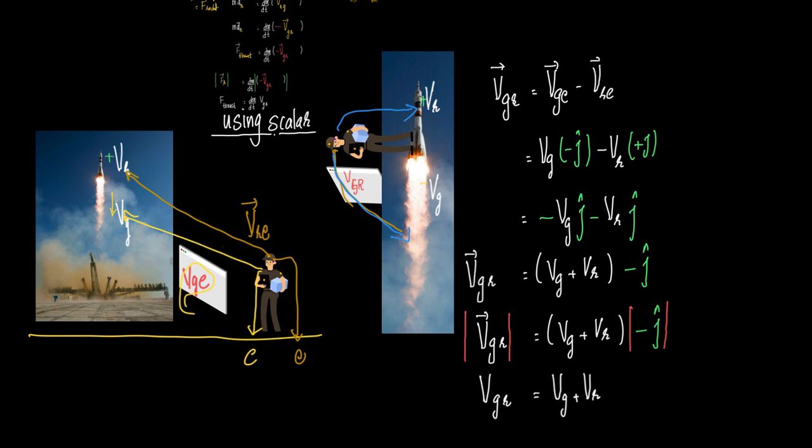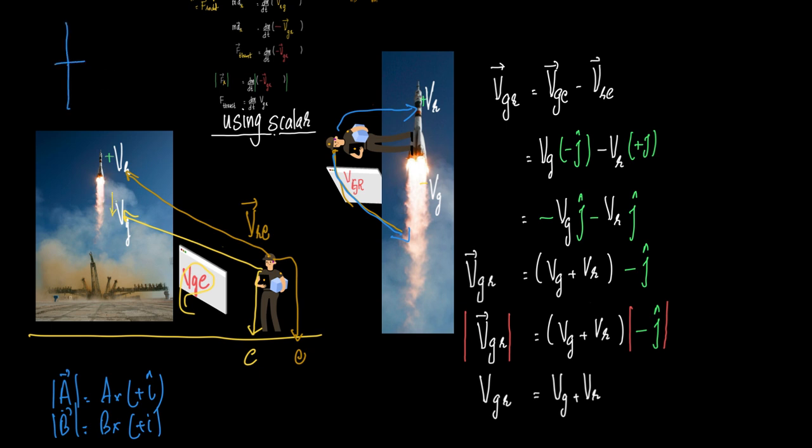Any vector A can be written as its magnitude into its unit vector. Likewise, vector B can be written as its magnitude into its unit vector. Now, the rocket is going in a straight direction, vertically up.